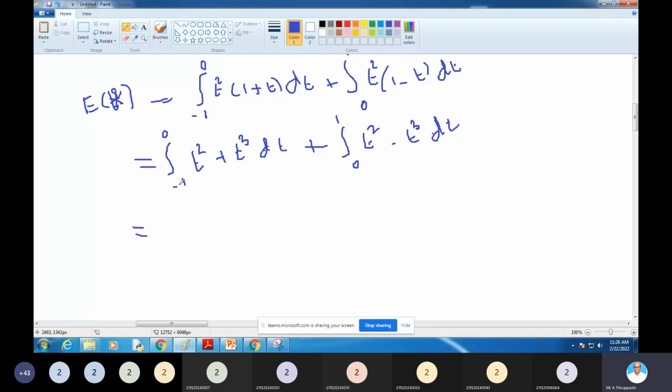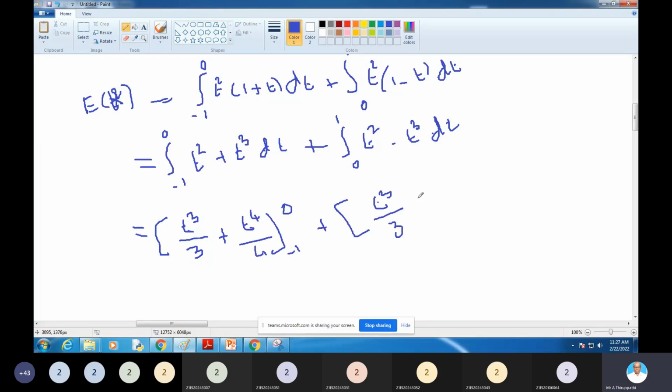Okay. Now the upper limits. In the first integral, the integral of t square is t cube by 3, plus t cube integrates to t to the power 4 by 4, from minus 1 to 0, plus again the same thing, t cube by 3 minus t to the power 4 by 4, from 0 to 1.